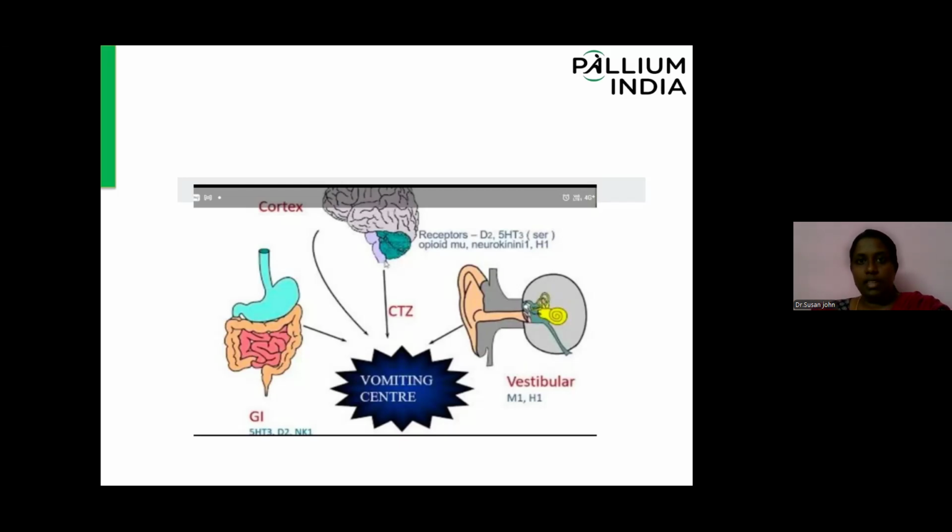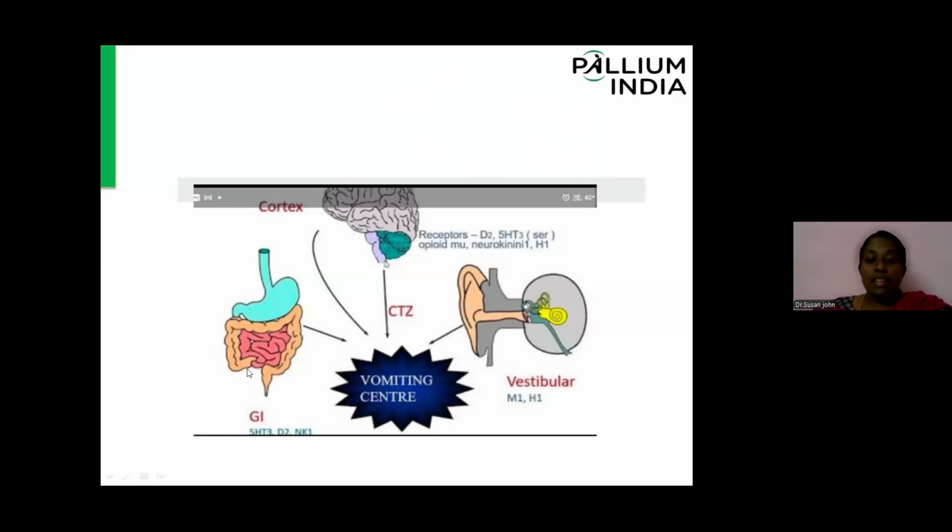Does anybody know what CTZ is? It is a chemoreceptor trigger zone. That is CTZ. And the fourth is vestibular.